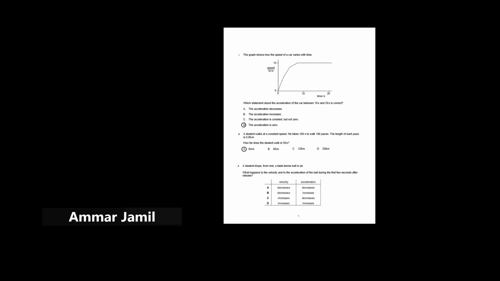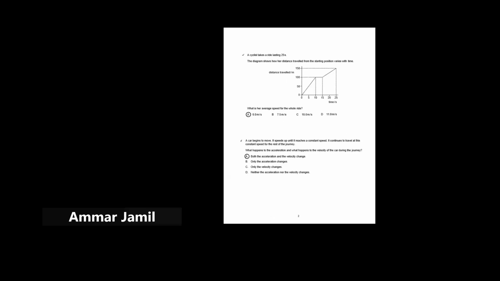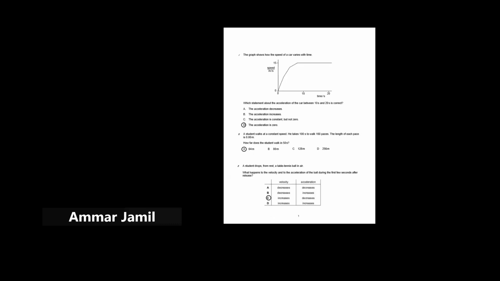And then question number three. A student drops a table tennis ball from rest. What happens to the velocity and to the acceleration? The velocity increases and the acceleration decreases. It is because when something falls down, it starts to accelerate. The acceleration at the time of the drop is maximum, but as it falls down, the velocity increases, but the acceleration decreases because of the air resistance.